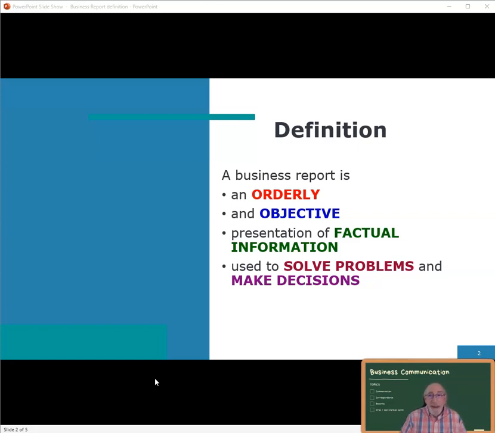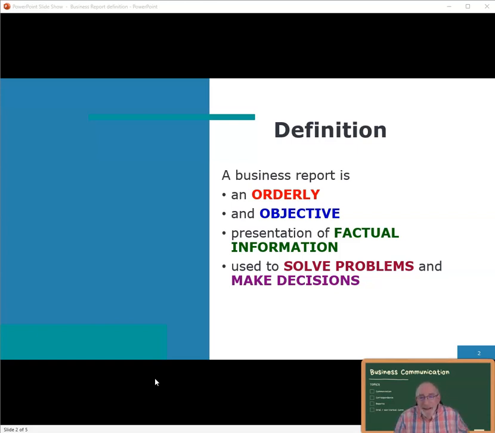Facts are information that can be verified. They can come from surveys or interviews or experiments. And to help our audience, we cite the sources of our facts, our evidence.